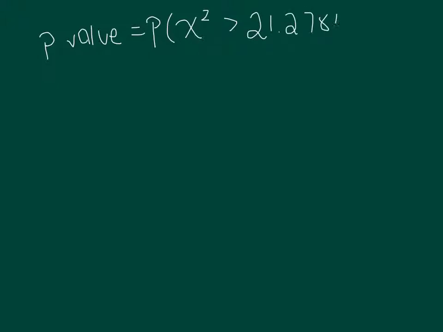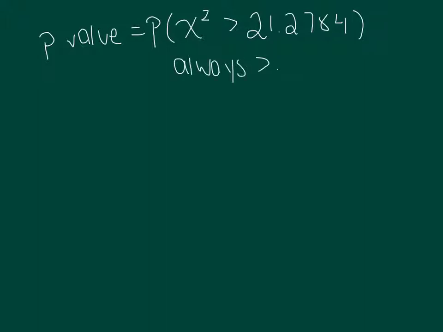It's the right-tailed area. And for test of independence, we're always going to look at the right-tailed area. So as we calculate our p-value, it is going to be the probability that chi-squared is bigger than whatever number we got, which in this case was 21.2784. So it's always going to be greater than for this test.